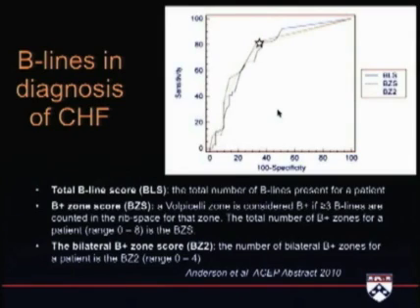We actually, at the University of Pennsylvania, looked at different ways of scoring B-lines, and the good news was we assessed them with the gold standard of a composite clinical endpoint, which included BNP and other studies performed by the patient either in the ED or after they were admitted to the hospital.